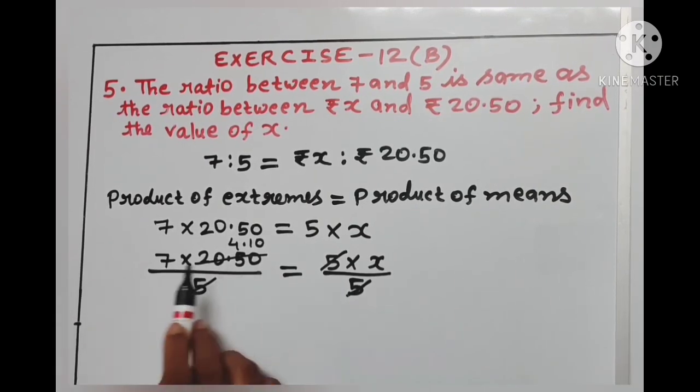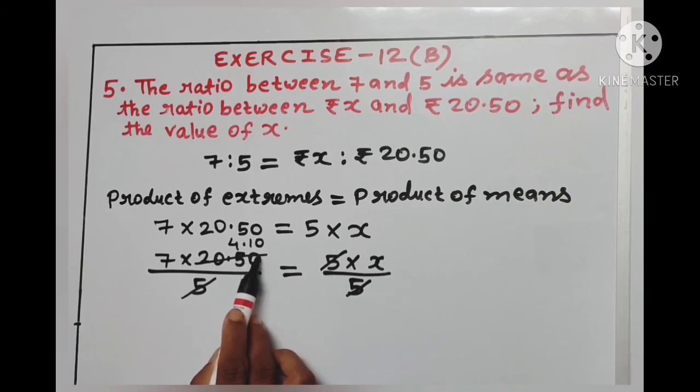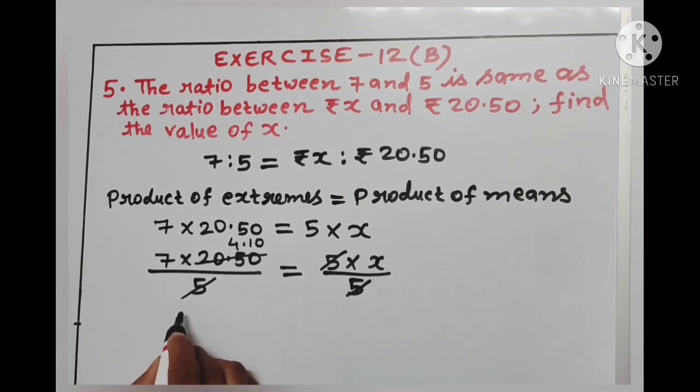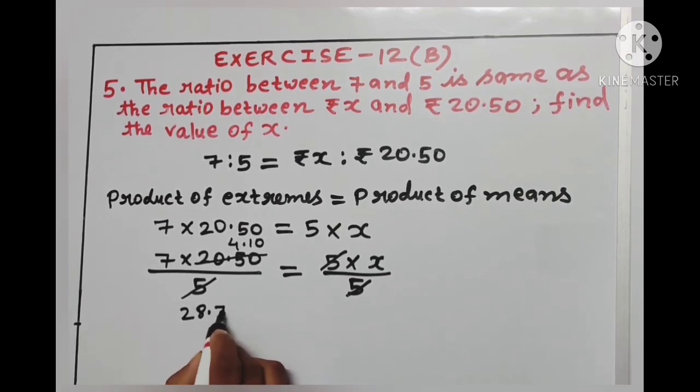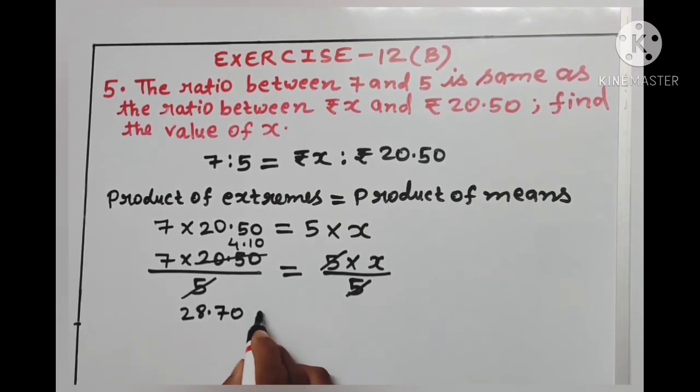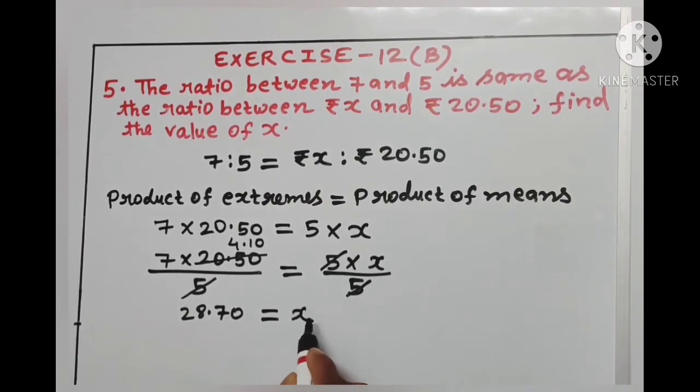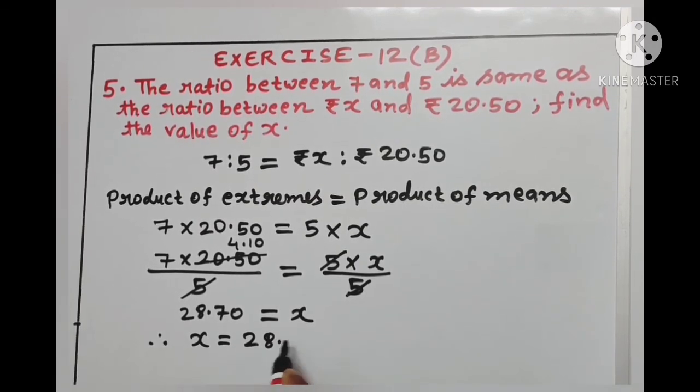So now 7 into 4.10 is equal to 28.70, and on the right hand side it is equal to x. So we have got the value of x. Clear? So I am going to write here, therefore x equals 28.70, and this is our required answer.